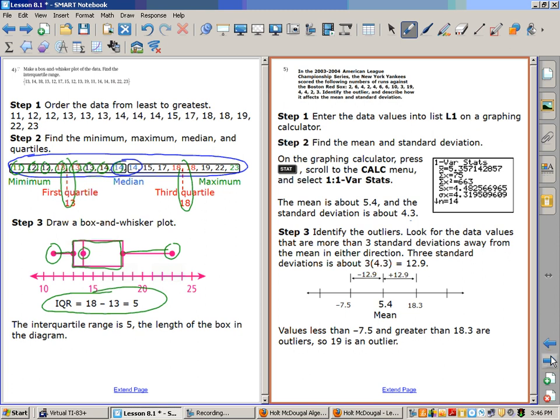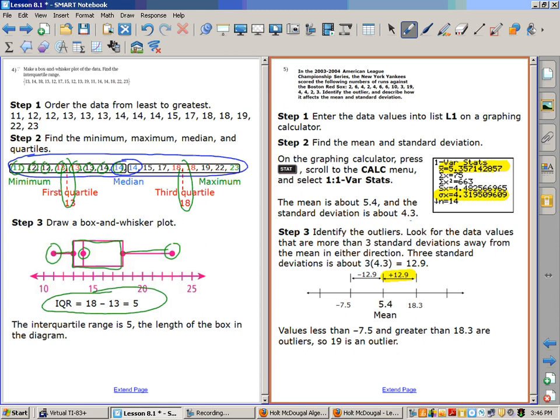And the last one, using my graphing calculator, I put all the data into my calculator. I found the mean score, right up here, was 5.3, and I found my standard deviation is 4.3. If I multiply my standard deviation by 3, I get 12.9.